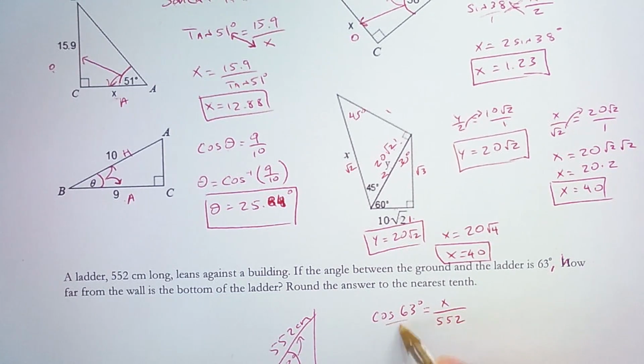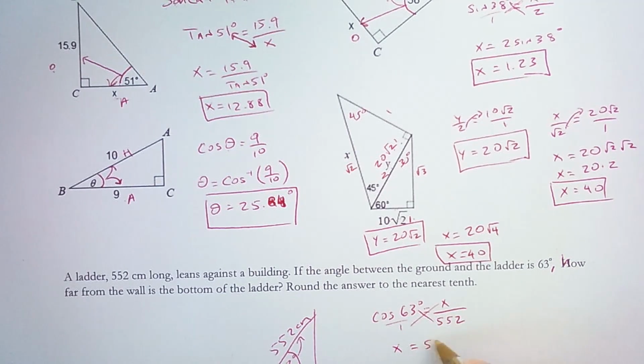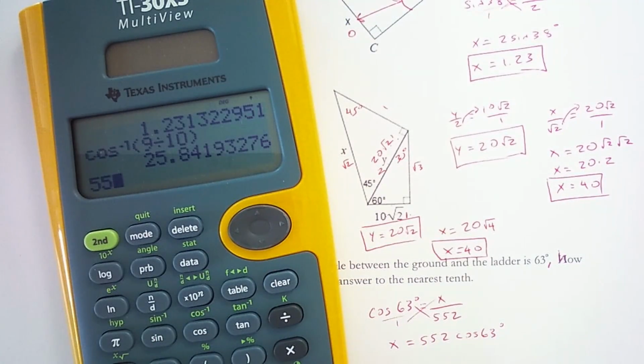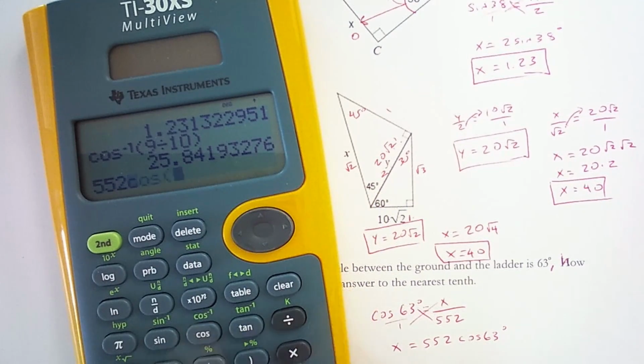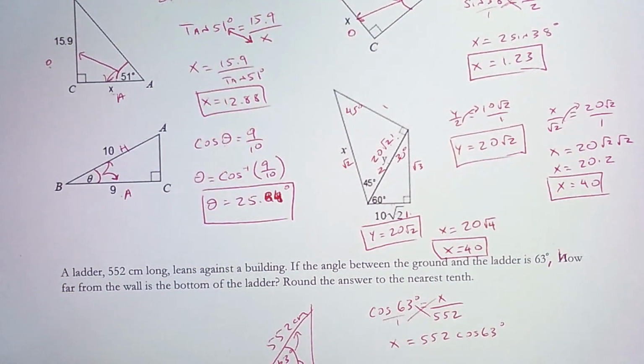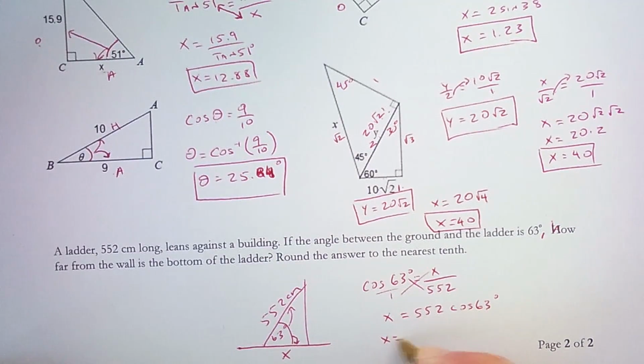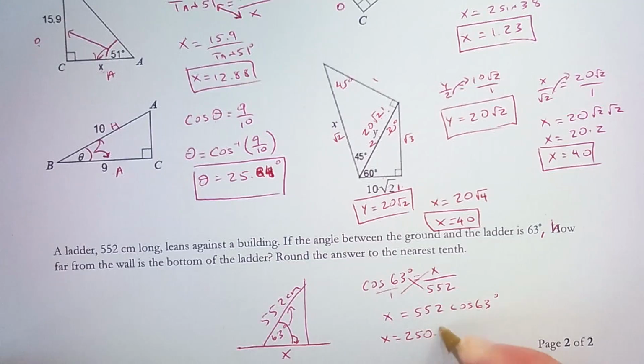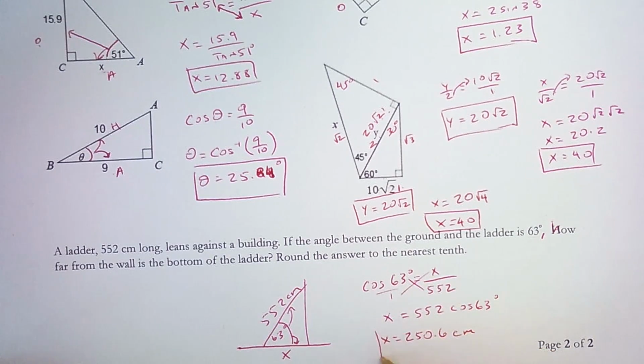And here I'll cross multiply, so this is really over 1, so I have x times 1, and then 552 times cosine 63 degrees. So 552 cosine 63 is 250.60, so 250.6 to the nearest tenth, 250.6 centimeters.